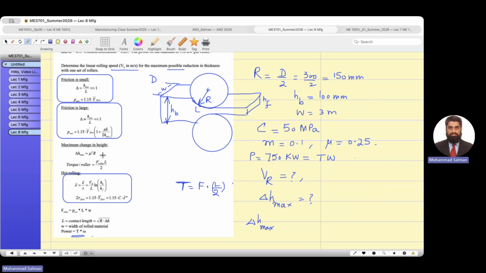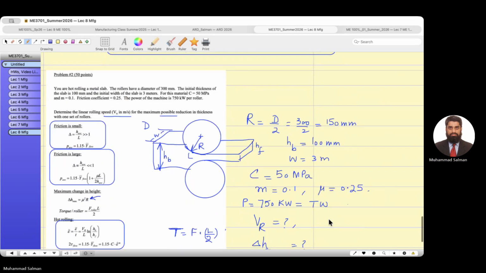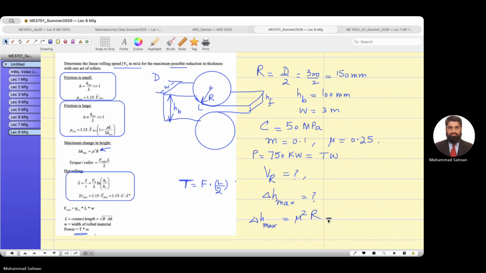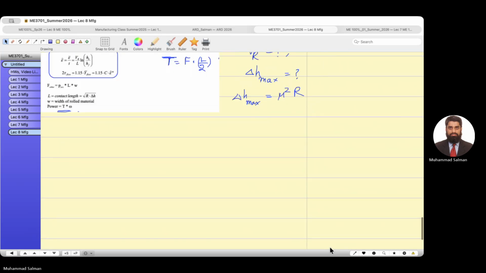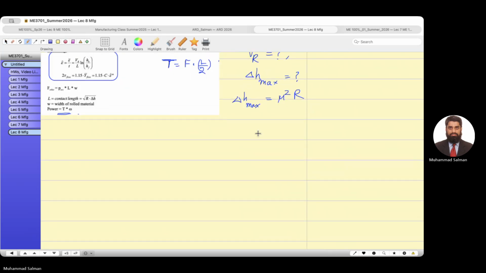Can we use this formula? Mu square times R. Mu equals to 0.25, R is 150.